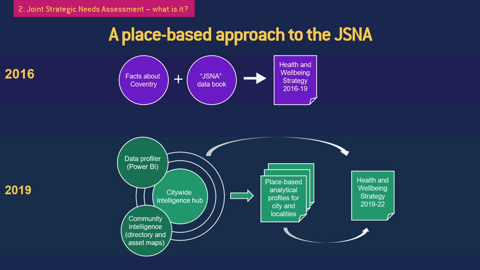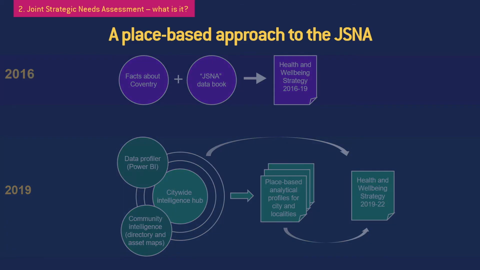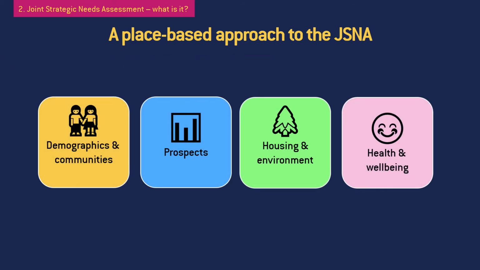So this is what we've done towards a place-based approach. For each of those profiles, and indeed for the Citywide Intelligence Hub, we've put them into 4 categories: demographics and communities, prospects, housing and environment, and health and wellbeing. And those 4 things all go into these JSNA analytical profiles, which combine data and engagement.